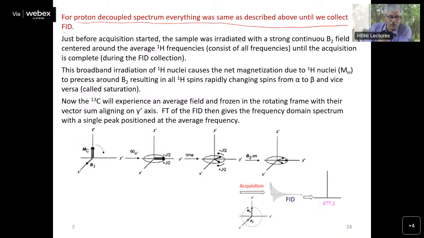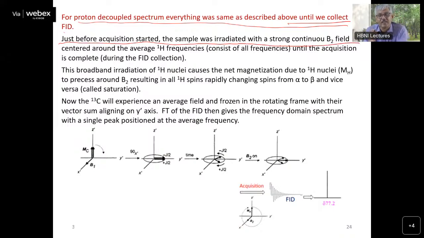Until we collect the FID, all the steps are the same. That means we are giving a 90-degree pulse, and you saw the vectors are moving in opposite directions with the same frequency, with the offset. Now just before the acquisition started, the sample was irradiated with a strong continuous B2 field.